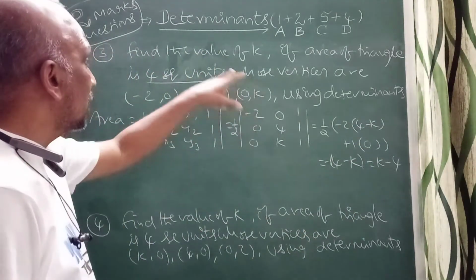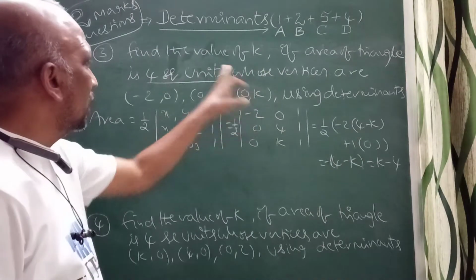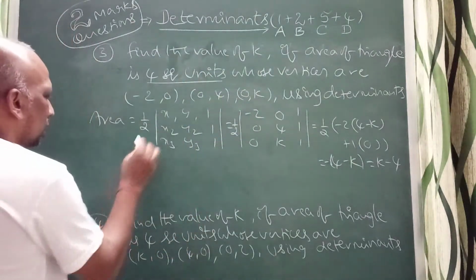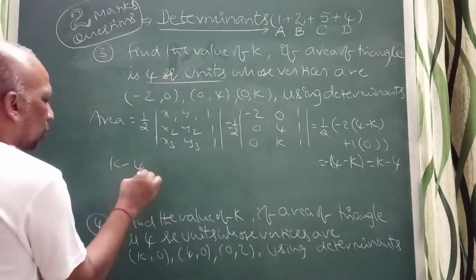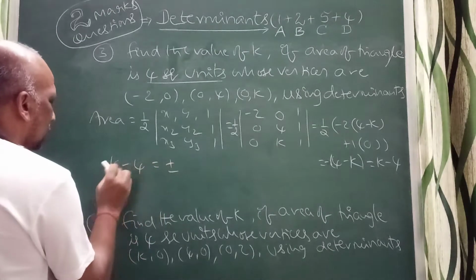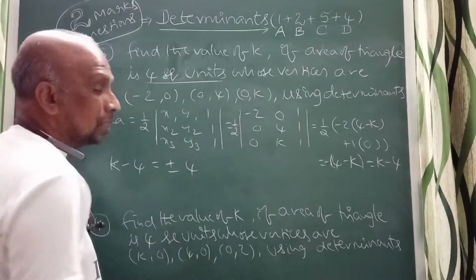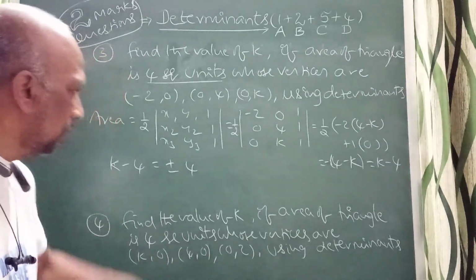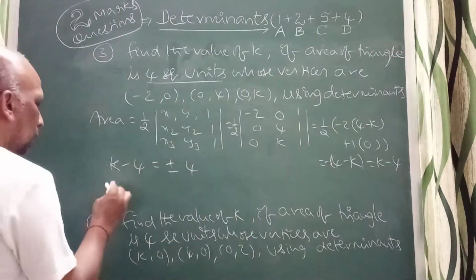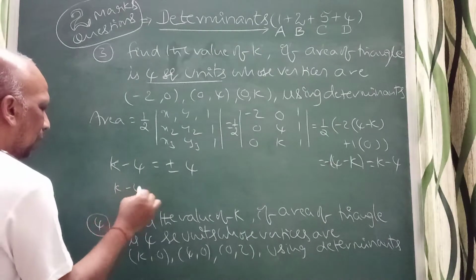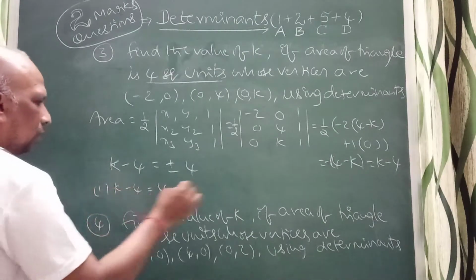But the given area is 4 square units. I can consider k minus 4 equal to plus or minus 4, because a determinant may sometimes be positive or negative. Case 1: k minus 4 is equal to 4, you will get k equal to 8.